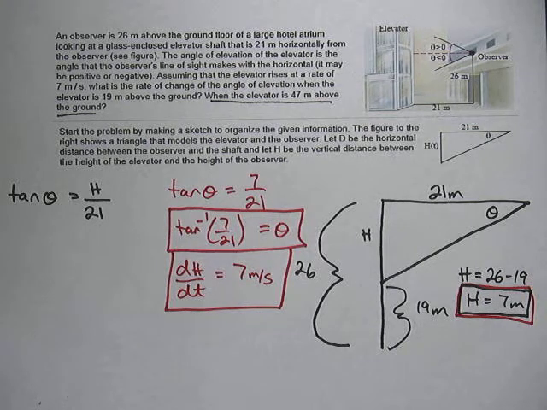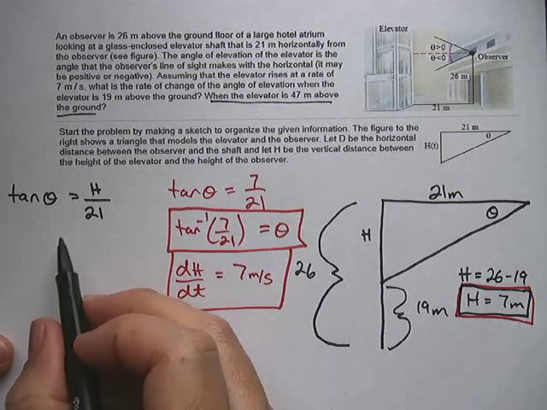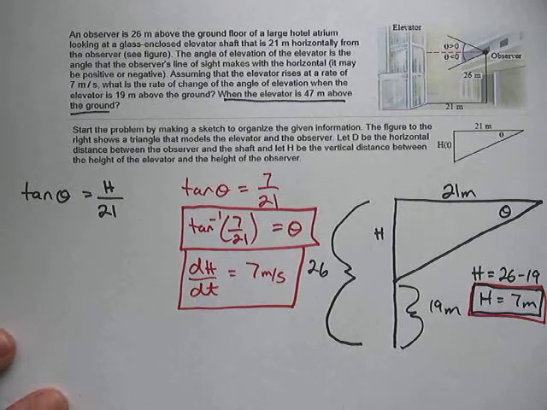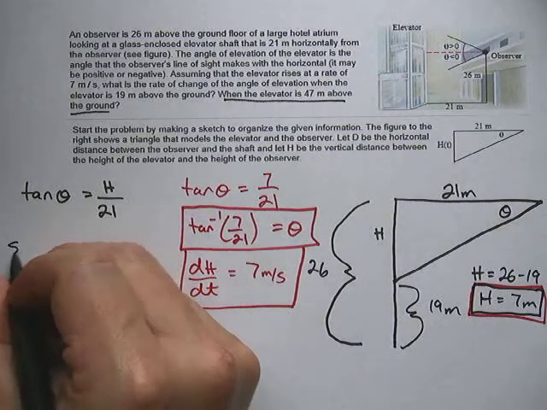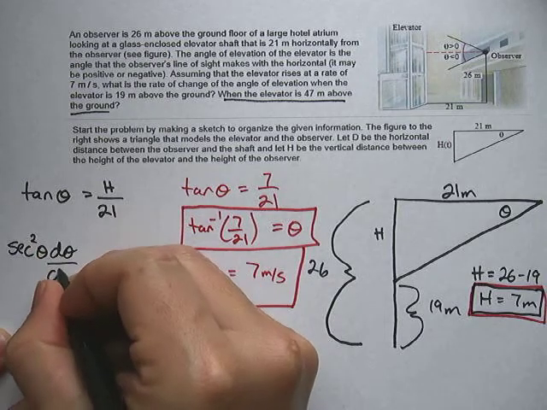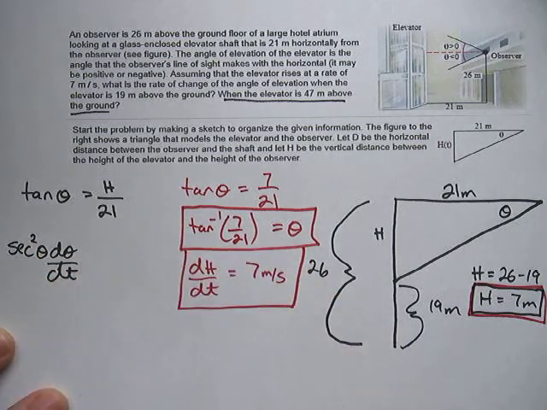Now let's proceed. In related rates, of course, we're dealing with rates, so we're going to take the derivative. So let's look at this tangent theta. The derivative of tangent theta is secant squared theta, and I'll say d theta dt, because we're taking the derivative of a theta with respect to time.